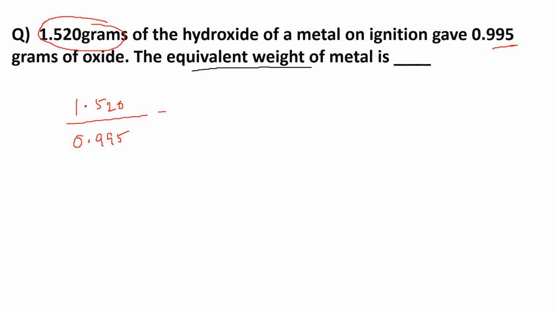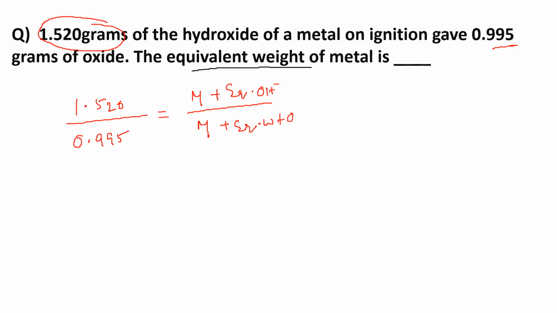The weight of the hydroxide divided by the weight of the oxide is equal to the equivalent weight of the metal plus the equivalent weight of hydroxide, OH, divided by the equivalent weight of the metal plus the equivalent weight of oxide.